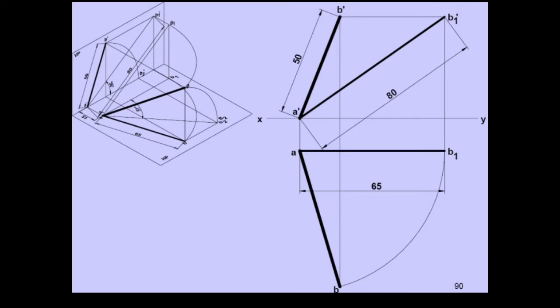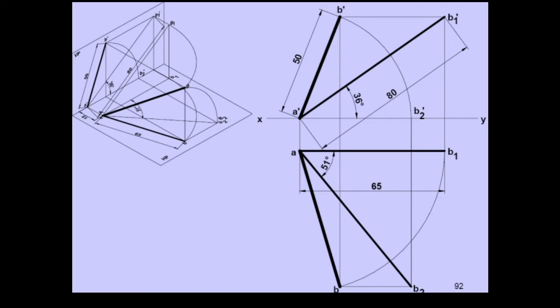Now to find the true inclination of the line with VP, rotate the front view A dash B dash, making it parallel to XY along A dash B2 dash, and at B2 dash draw a projector and draw the locus through top view B to intersect at B2.